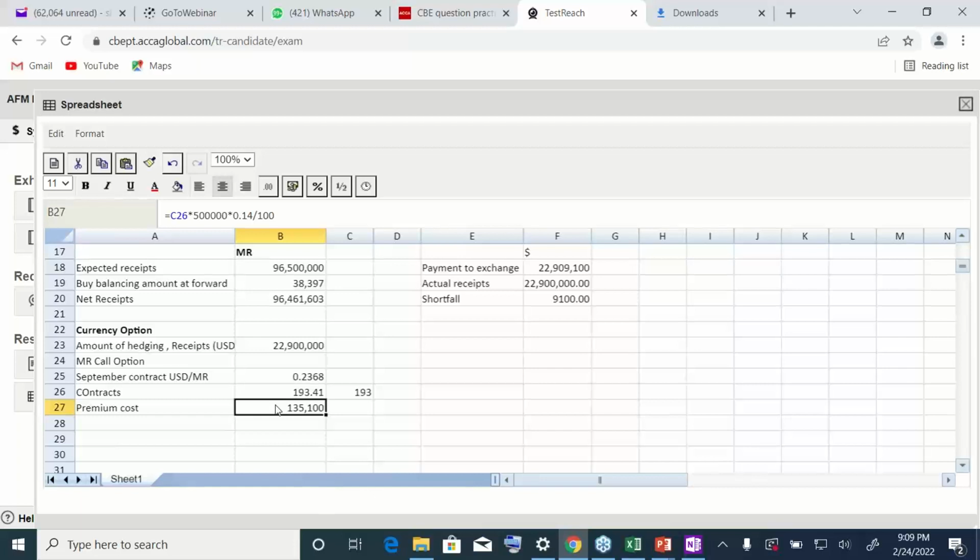It will be in dollars, because number of contracts has no sign, 500,000 has an MR sign, and 0.14 is given in dollars over MR. So this will be the premium in dollars.